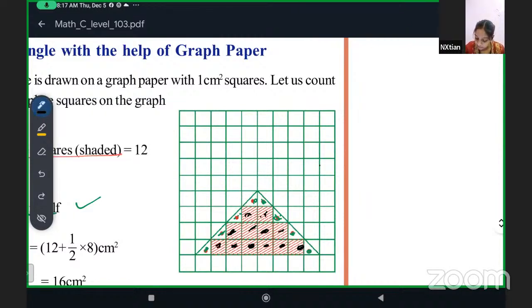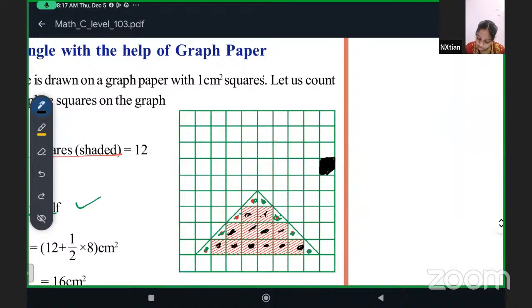Which cover inside the triangle only this part. Okay, this is not even half. Or if we have squares with a portion like this inside the triangle, this is more than half.